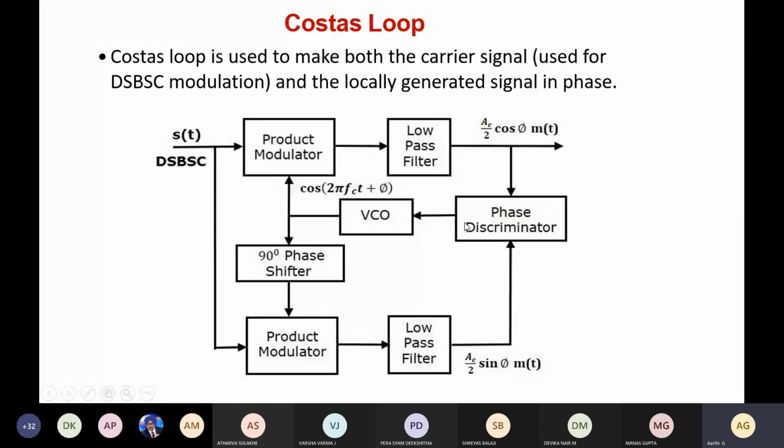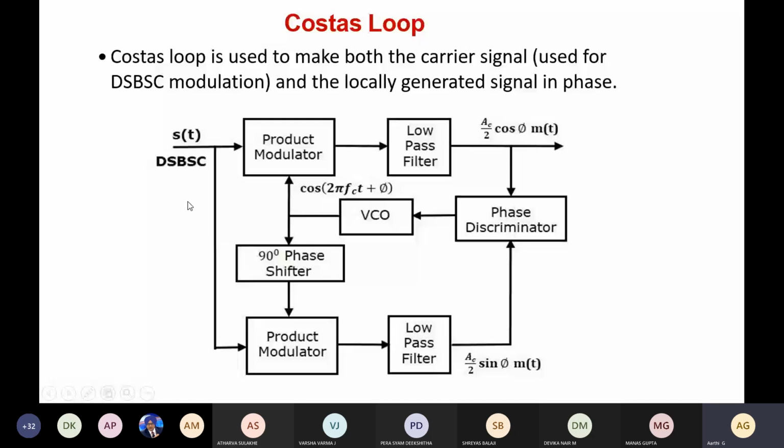We feed a DC input signal to this VCO. Based on this DC input, this oscillator produces the carrier frequency. Because of this, we can correct the phase errors, if any, between the transmitted carrier waveform and the locally generated carrier waveform.